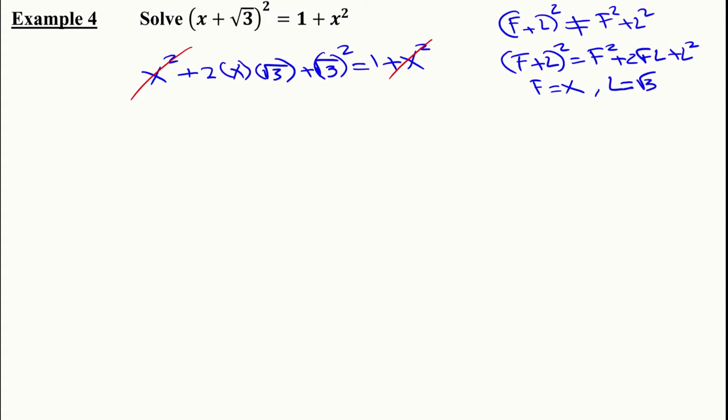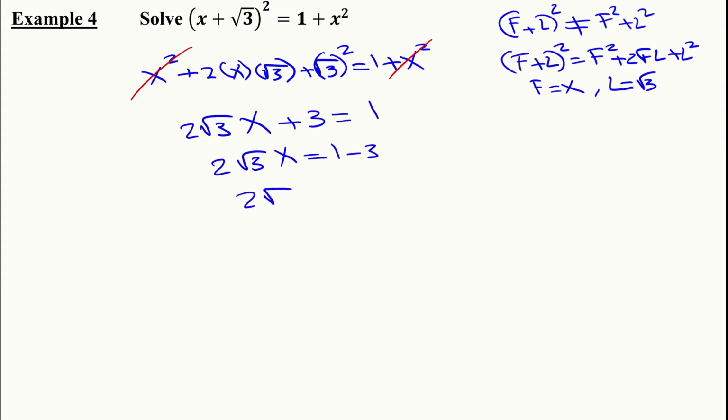So we're left with 2 radical 3x plus 3 equals 1. So we get 2 radical 3x equals 1 minus 3. So we end up with 2 radical 3x equals -2.